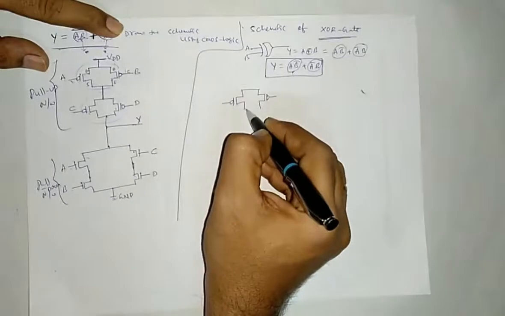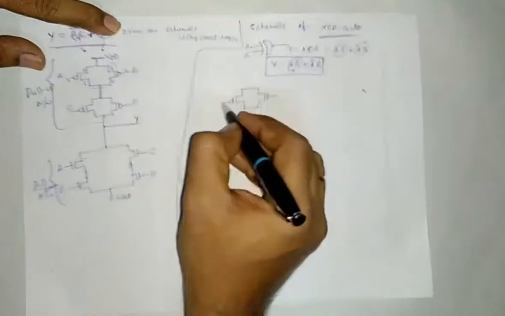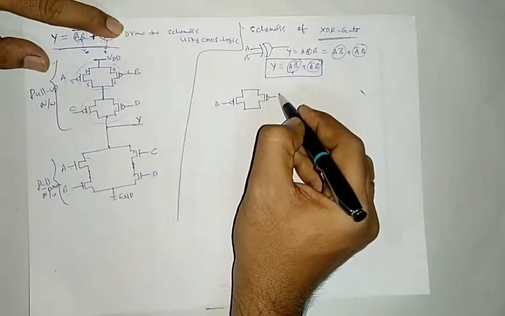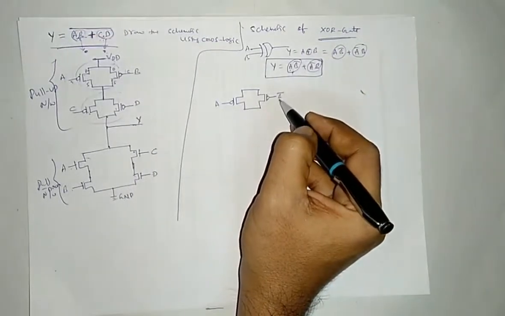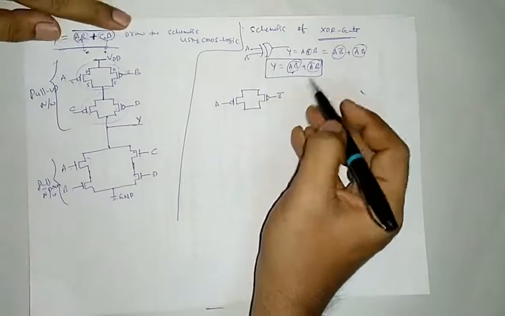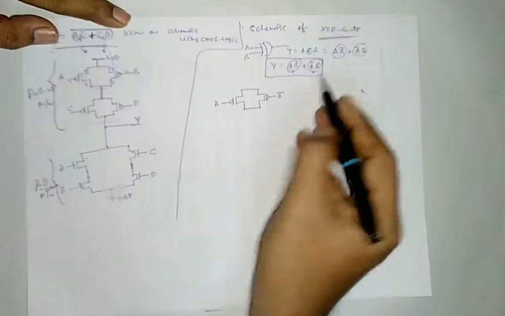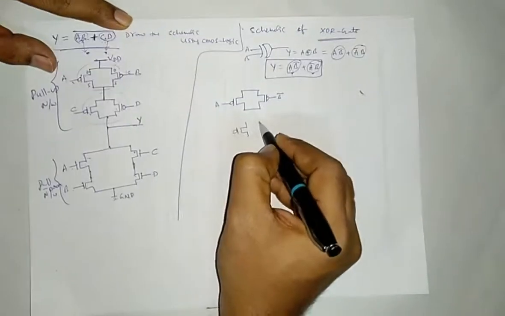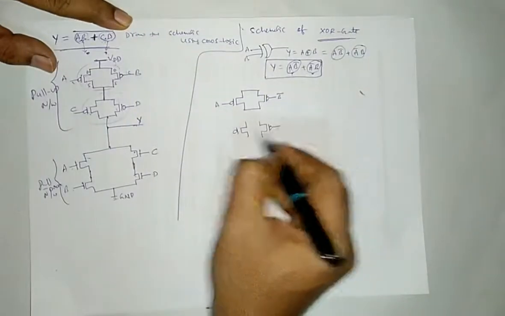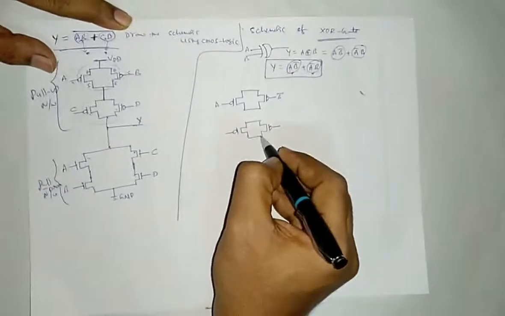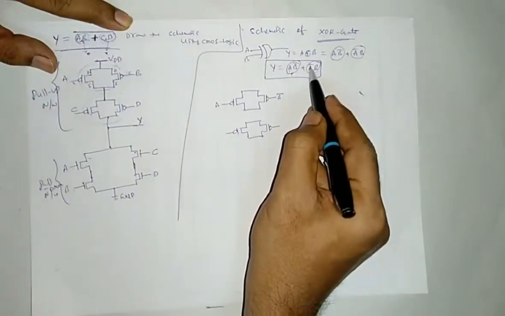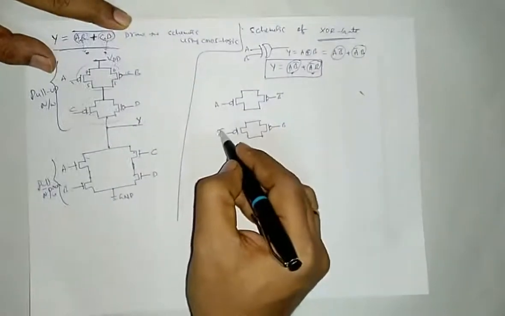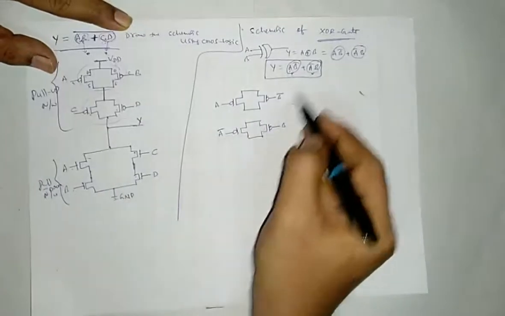These two PMOS transistors are in parallel. One of the inputs is A, another input is, directly I am taking B bar. Don't use an inverter. To generate this product term, you have to connect two PMOS transistors in parallel, and inputs are A bar and B. Here it is A bar and here it is B. So directly I am giving complemented inputs.